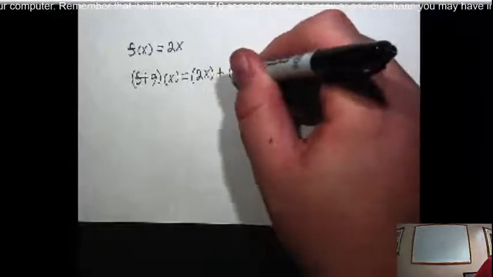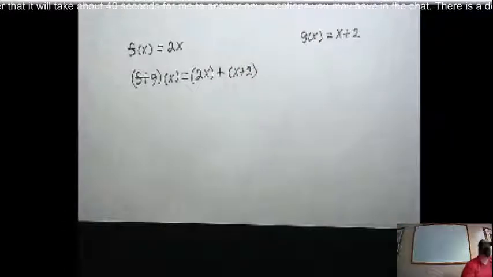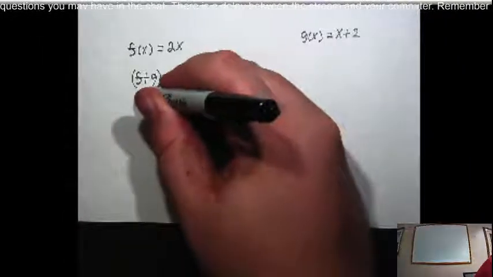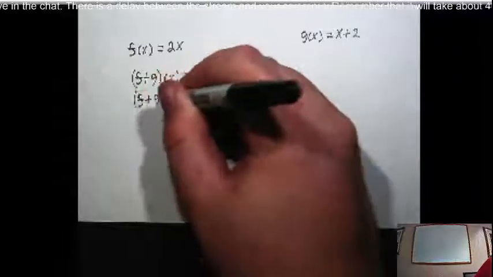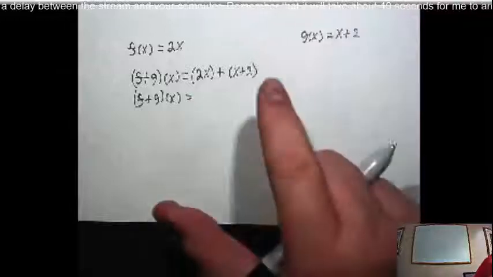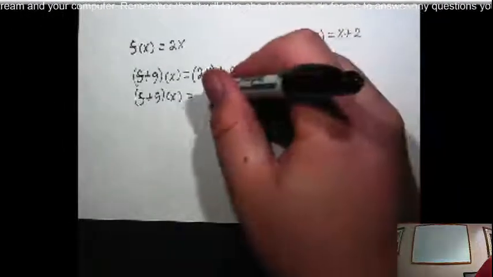So plus x plus 2. And then simplify. Well, here we don't need the parentheses, so if we simplify this one down, we get f plus g of x. Let's see, 2x plus x is 3x plus 2.